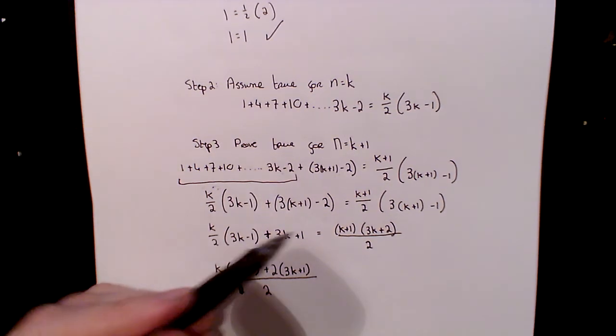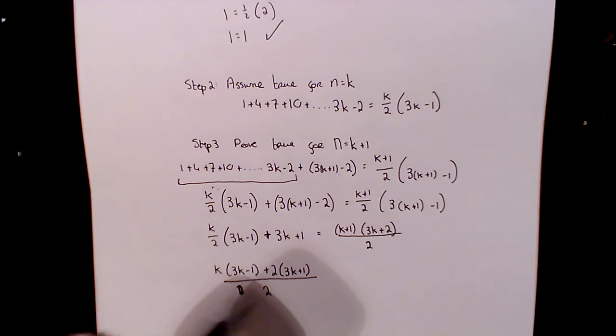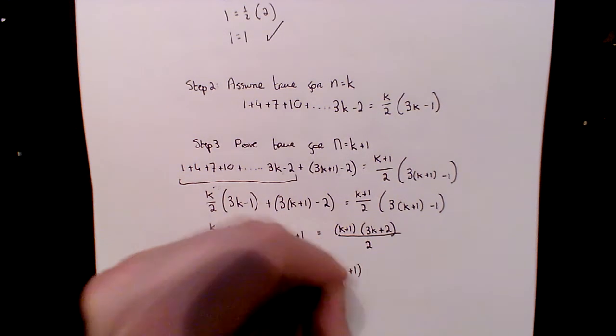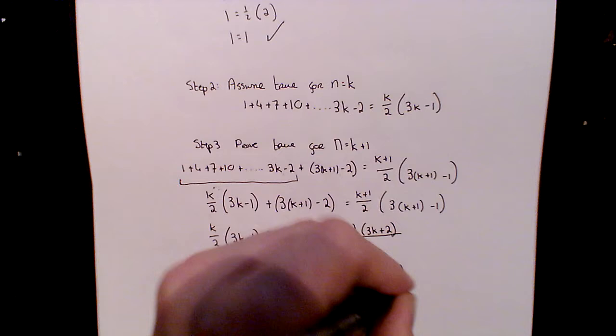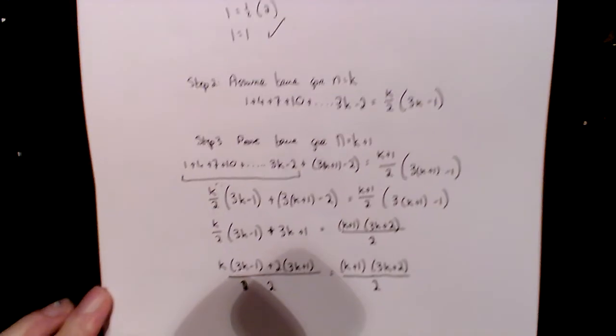Okay, so see what I'm after doing there. It was just 3k plus 1, but now I've put it over 2, but now I've multiplied it by 2 again. And it just allows me to get it all over 2. That will equal (k plus 1)(3k plus 2), all over 2.